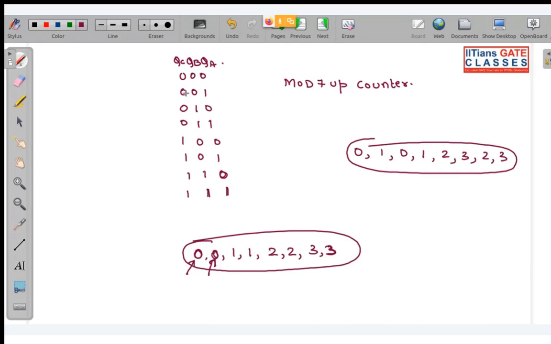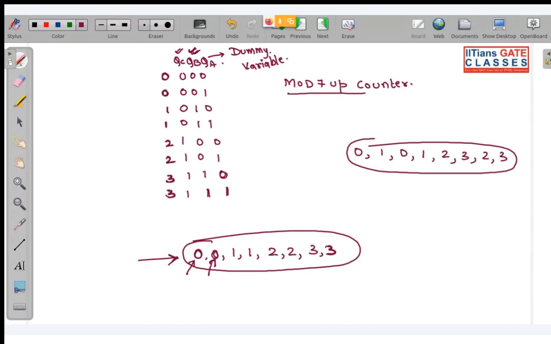Or else if these were not unique zeros, I wouldn't have taken them. So look over here very carefully. I have constructed this count state using this counter. So when I am counting this state, I am taking just these two as my output. QC and QB, these two are my output and this is my dummy variable. So if you take just QC QB, this is 0, even this is 0, this is 1, this is 1, this is 2, this is 2, this is 3, this is 3.